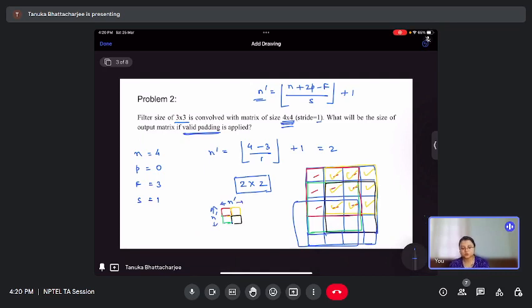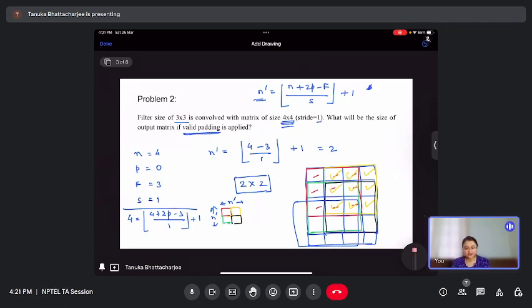So, if you want to keep n and n dash same, let us say initially your n was 4, and you want to keep your output size also 4 cross 4. So, your n dash also you want to keep 4, and your n was already 4. This p is the padding, and your filter is 3, and let us say stride is 1.